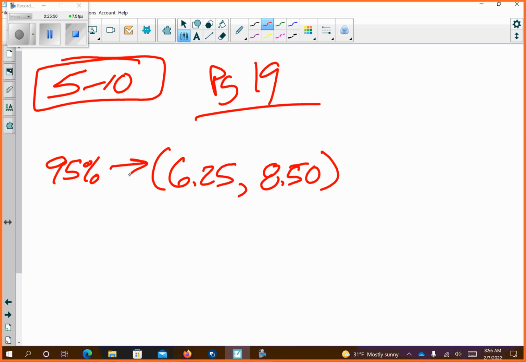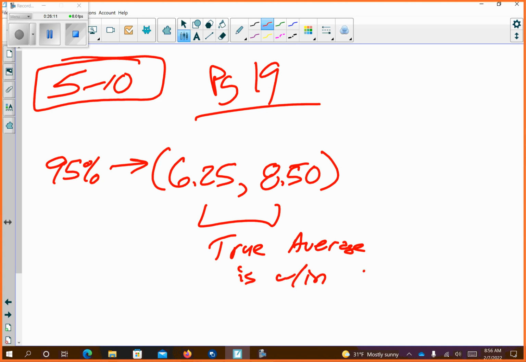Oh, sweet. All right. So, this means we are 95% confident that the true average amount spent on concessions is within this confidence interval.